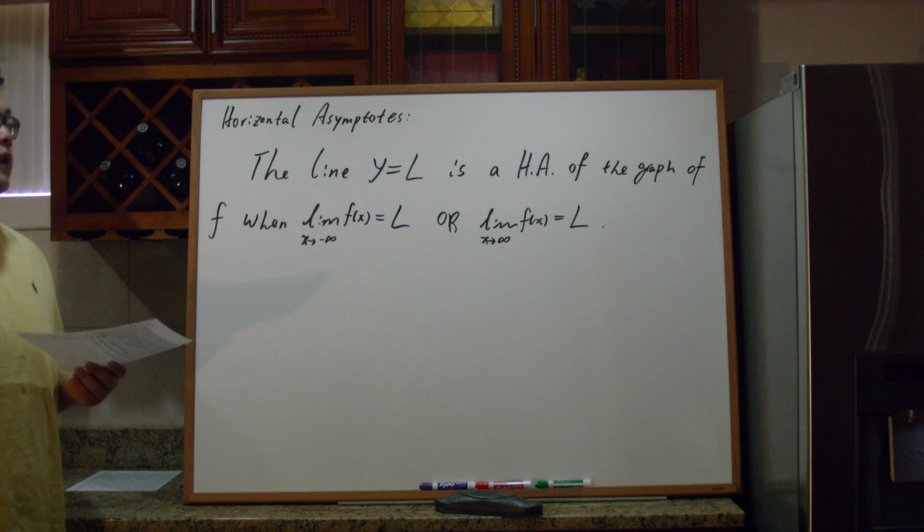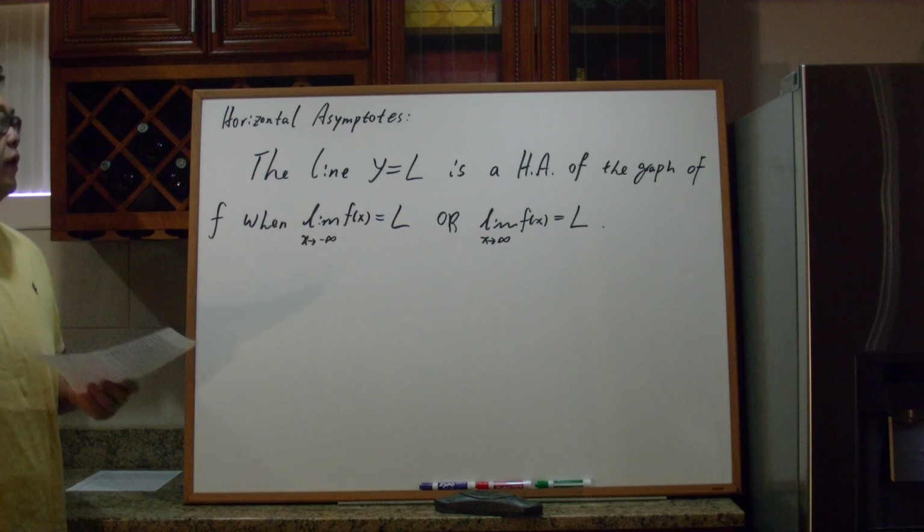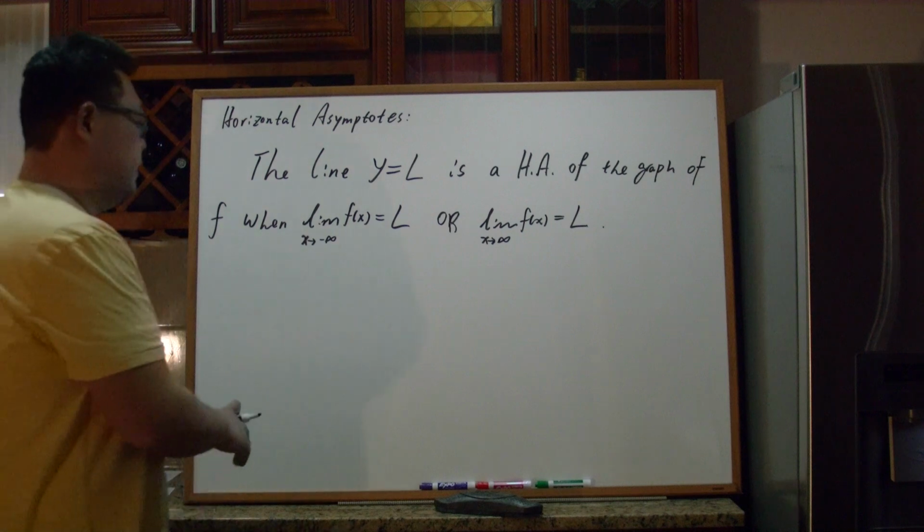Then we get that the line y equals L is our horizontal asymptote.